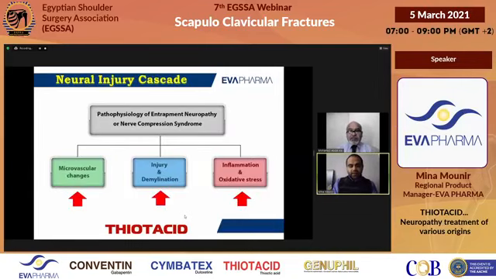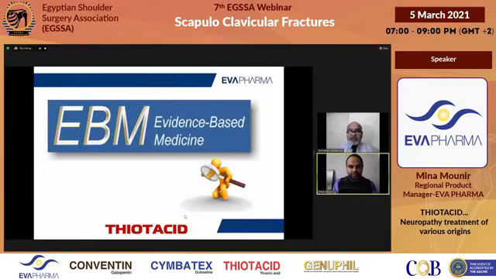So Thiacid, by its specific mechanism of action, can hit the pathophysiology of neuropathy from different angles: vasoprotective for microvascular changes, neuroprotective for injury and demyelination, and antioxidant and anti-inflammatory for oxidative stress and inflammation.